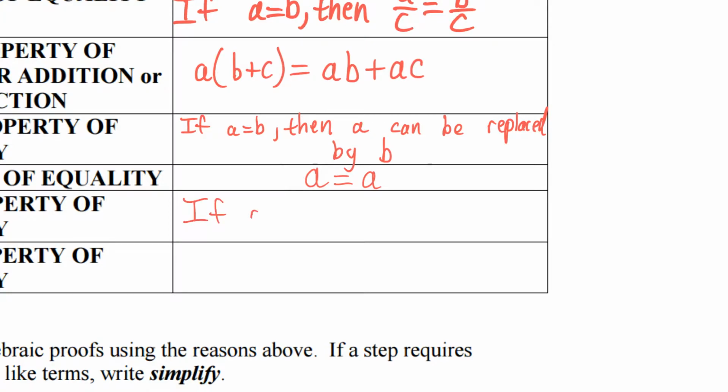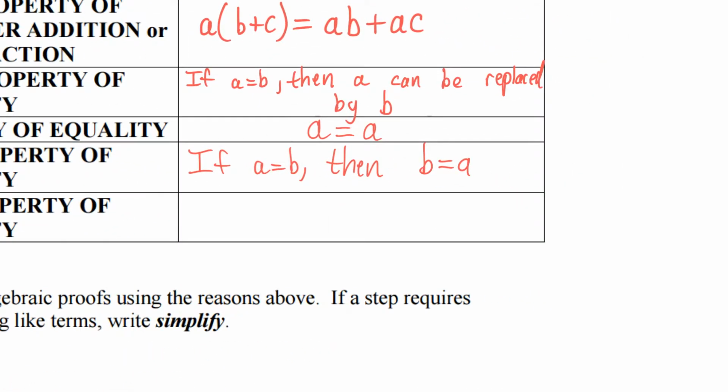Okay, next one is the symmetric property. It says this: if A equals B, then B equals A. All right, then the last one, the transitive property, says this: if A equals B and B equals C, then A equals C. Kind of like a middleman there.